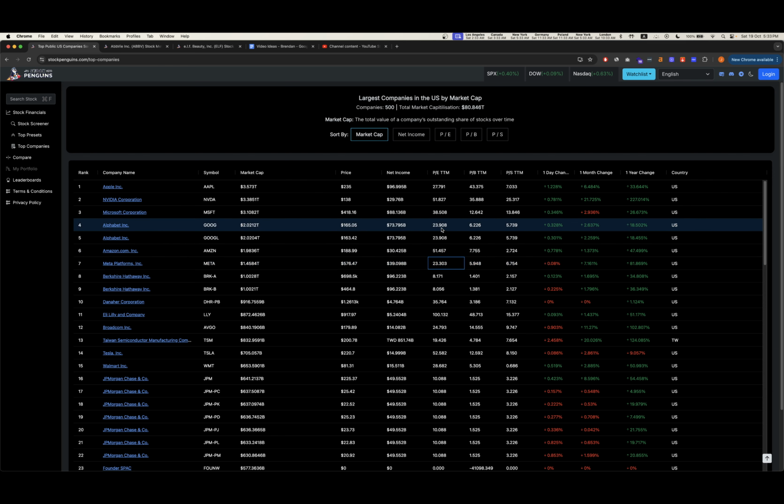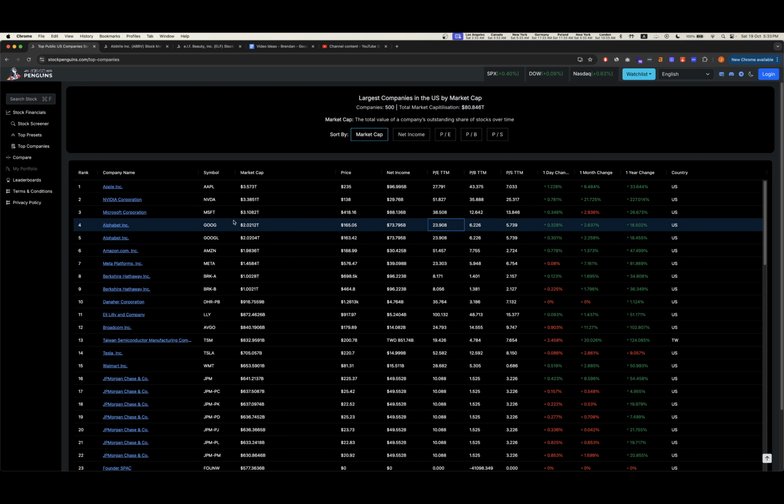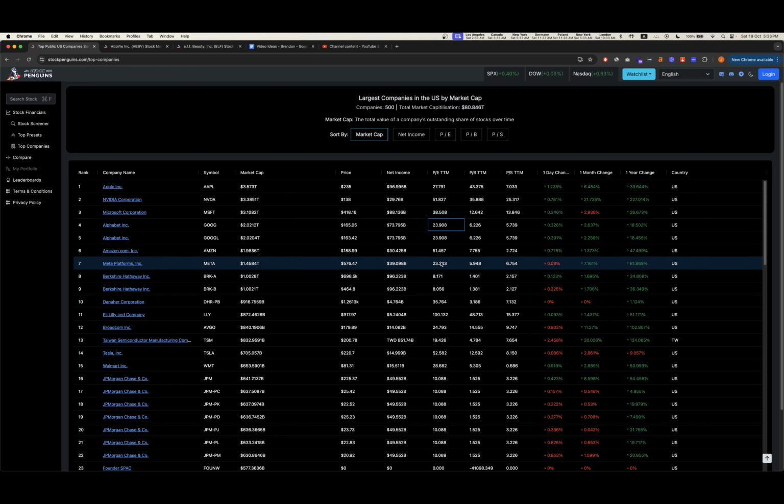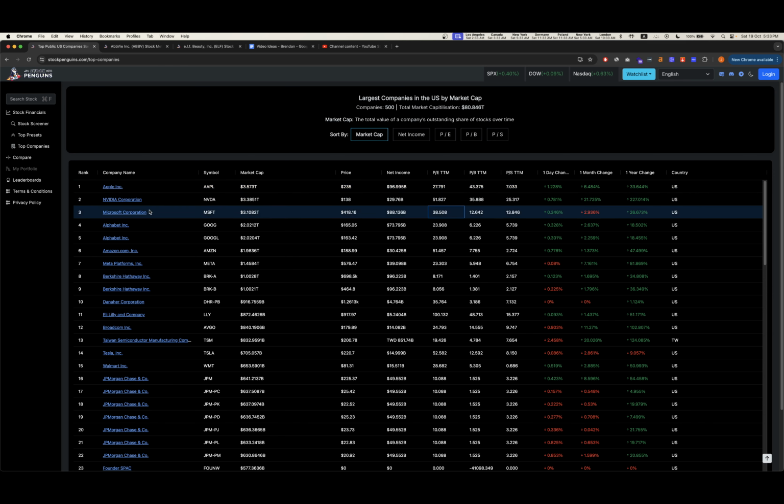So you can compare it with similar industries. Google is about 23, and Facebook is 23 at the same time. If you compare it to Apple, looks expensive at 27, and Microsoft is extremely expensive at 38. That's generally how I use these three metrics.